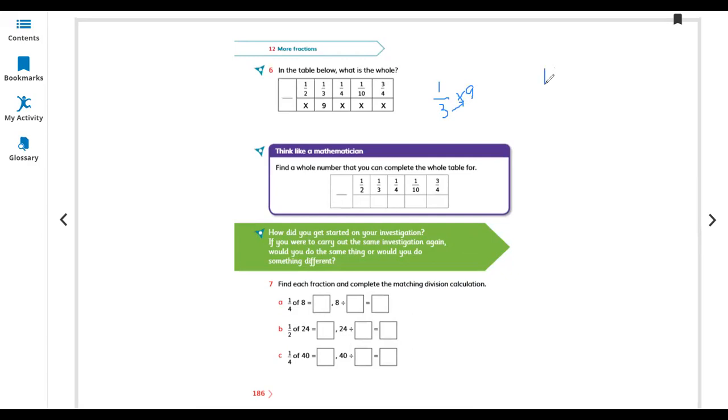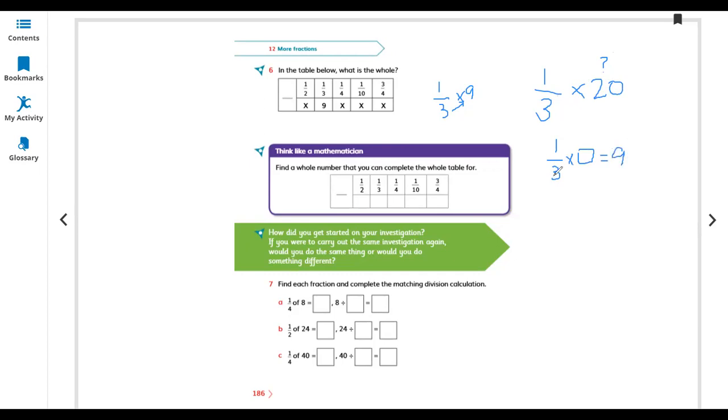Why in the previous question I wrote the fraction and then the whole number, and then we cut it and find our answer. So here we need to find this one. This we don't know, but we know the answer. So actually this 1 by 3 multiplied by this unknown gives the answer.